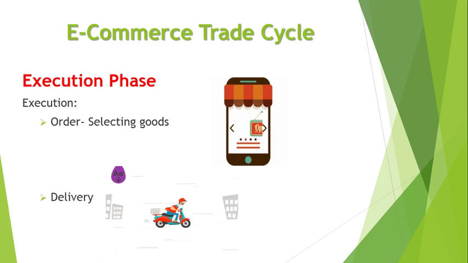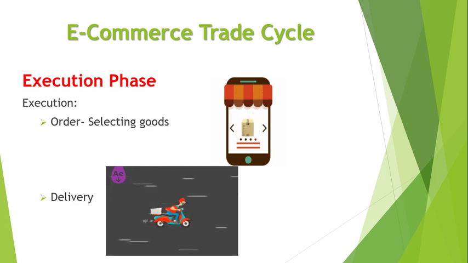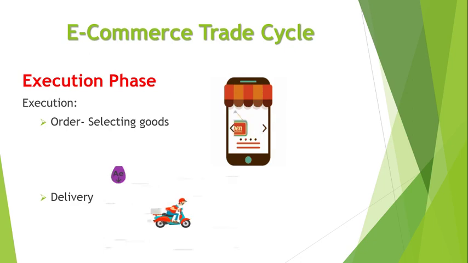You will execute that order. You will place the order for particular goods. Once that order is placed, it will show you in how much time it will be delivered. So delivery is part of the second phase of the trade cycle, execution.